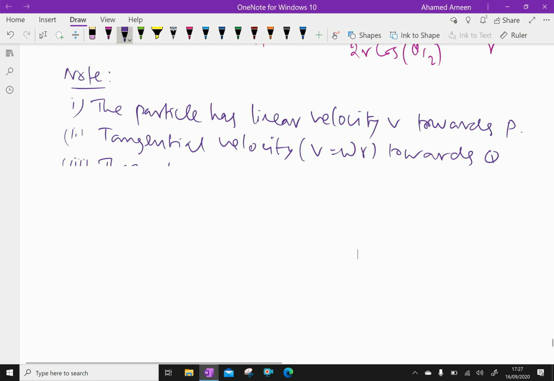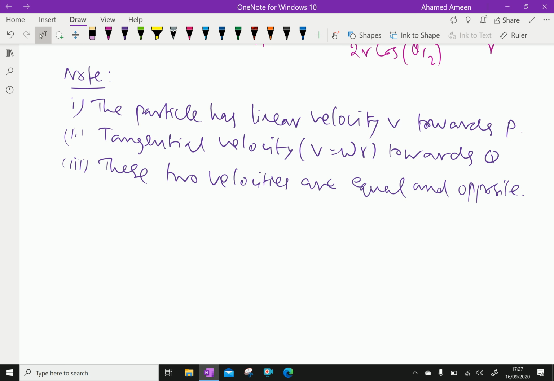Then similarly it can be proved that the particle B, the highest point of the wheel, will be subjected to a resultant velocity 2v and acts perpendicular to OB. The figure already shows this.